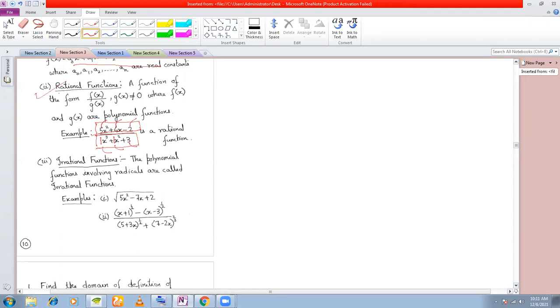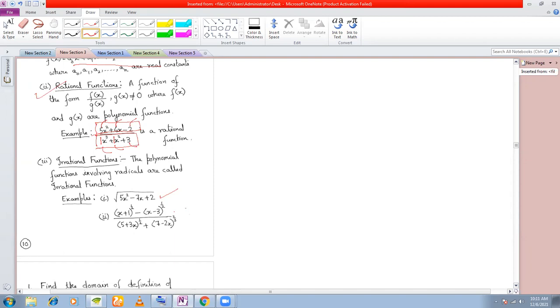Okay. And irrational functions are those in which, if not all, at least one coefficient is irrational. For example, square root of 5 x squared minus 7x plus 2 is an irrational function. Okay, an irrational polynomial, in fact.